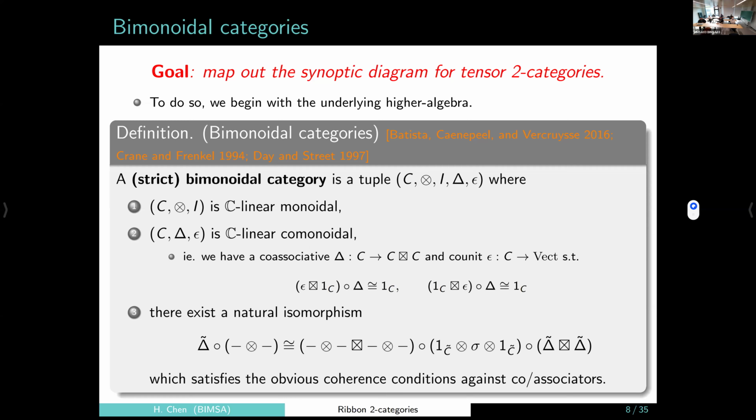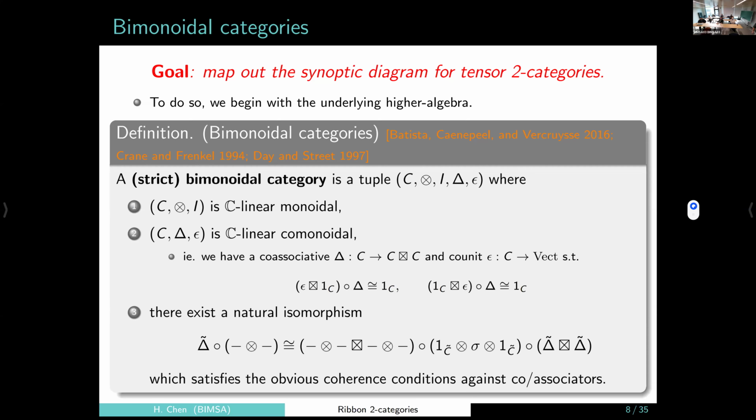And they're compatible in the sense that there's a natural isomorphism which tells me that I can pass these guys to the other side. And the sigma is the braiding inside two vector, or wherever C is.